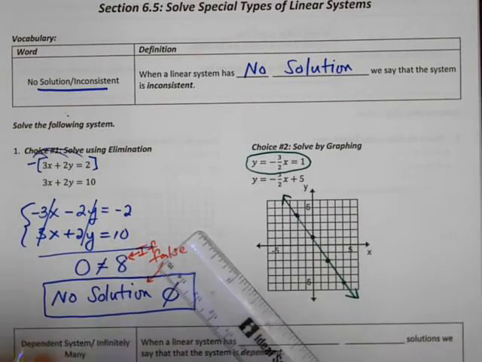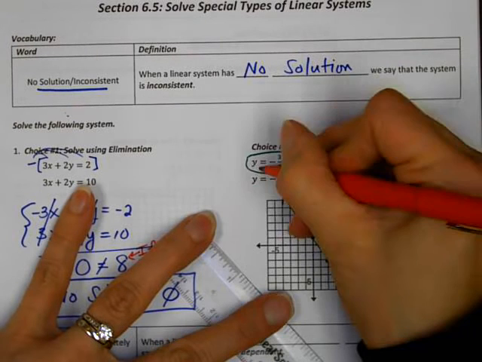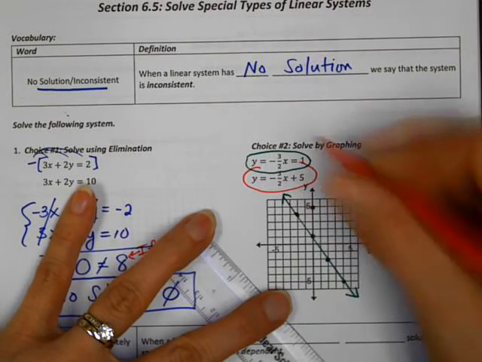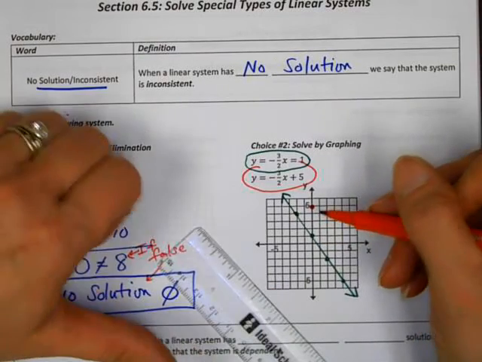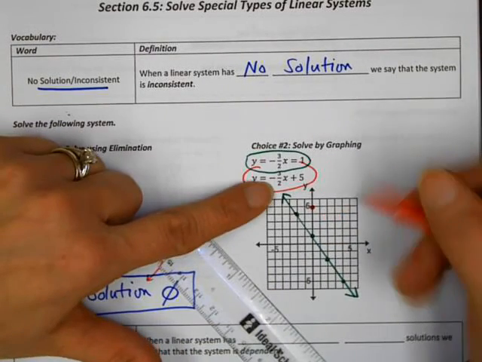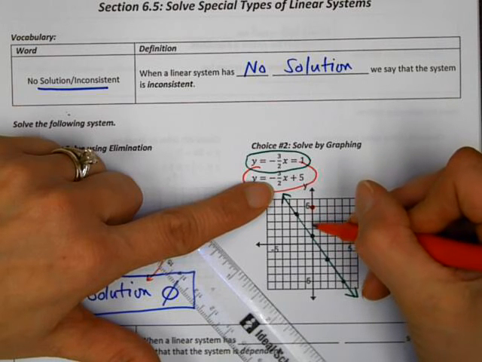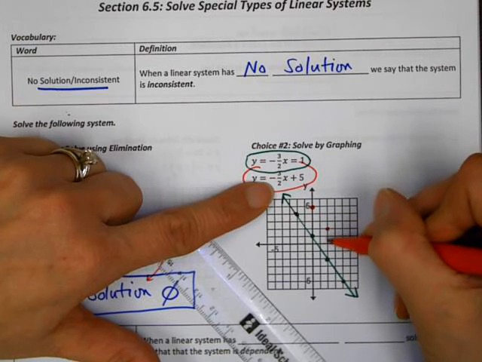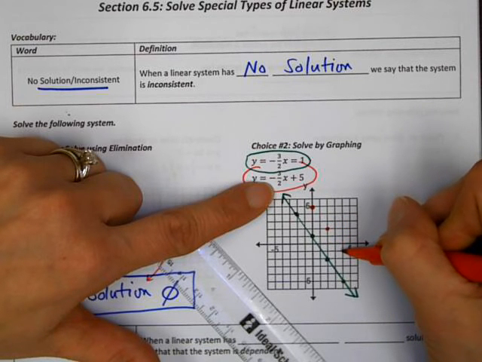I'm going to graph the second line now. The second line has a y-intercept of positive 5, so this one's starting up a little higher. The slope is negative 3 over 2, so I'll go down 3, right 2, down 3, right 2.